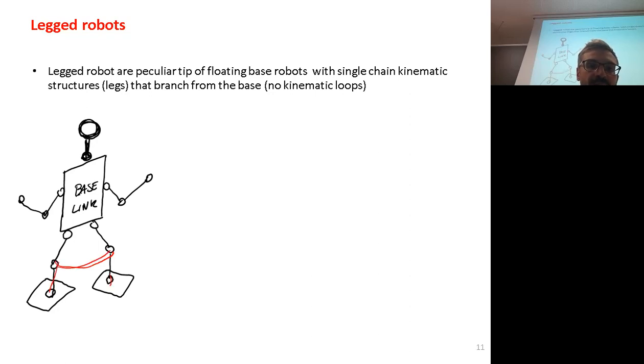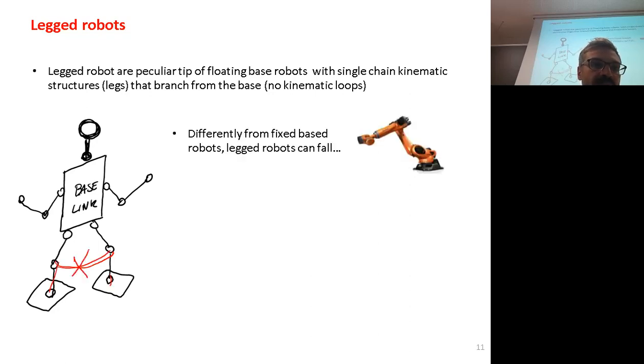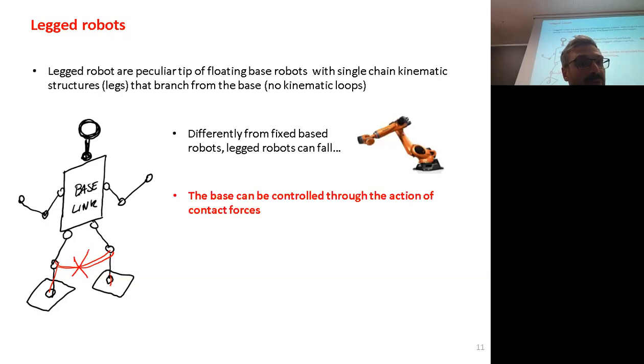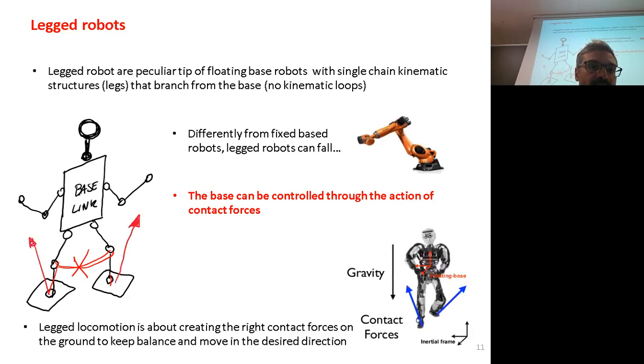And differently from fixed base robots, legged robots can fall, and the base can be controlled through the action of the contact forces. Therefore, the legged locomotion problem is only about creating the right amount of contact forces on the ground to keep balance and move the body in the desired direction.